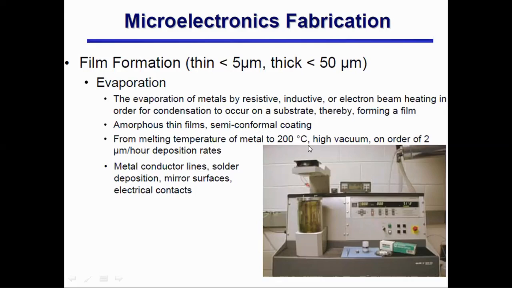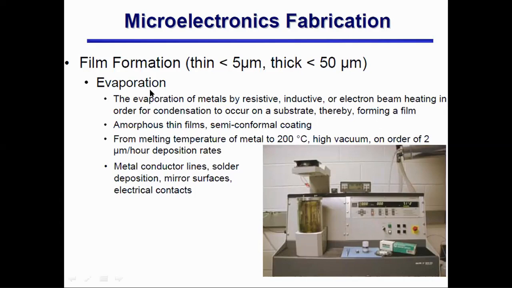The temperature for this process depends upon which material you want to deposit on top of the silicon wafer. And you have to heat the material up to the melting point, 200 above the melting point, and the process would take place in a high vacuum.